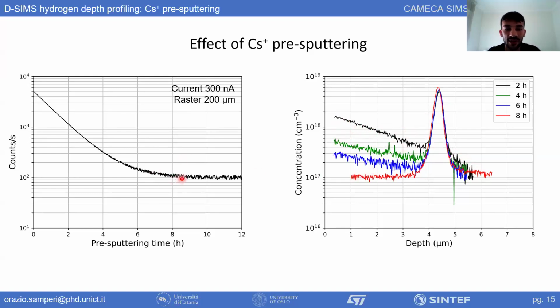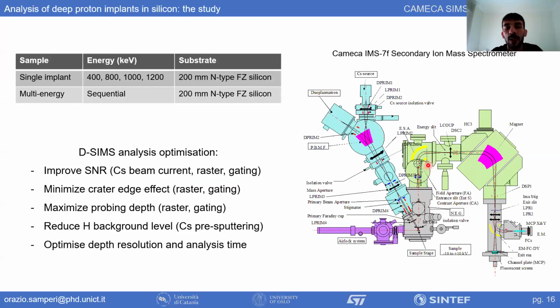After some hours, for example, 8 hours, when we reach the plateau, you can obtain this really nice profile with almost constant background, where the signal to noise ratio is really high, and you can aspire to obtain a low detection limit. And this is actually what I did in my study.